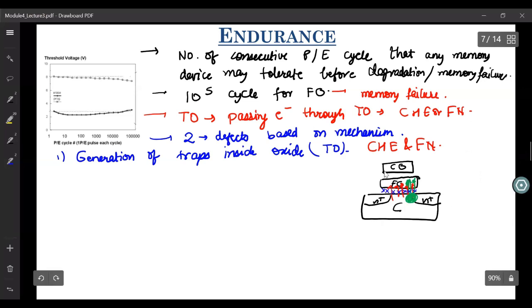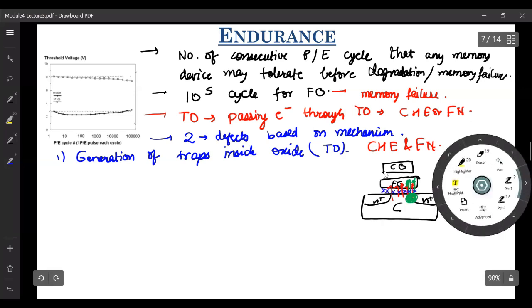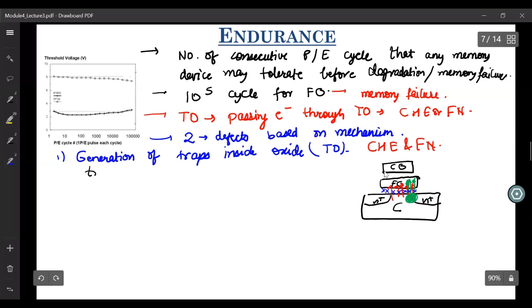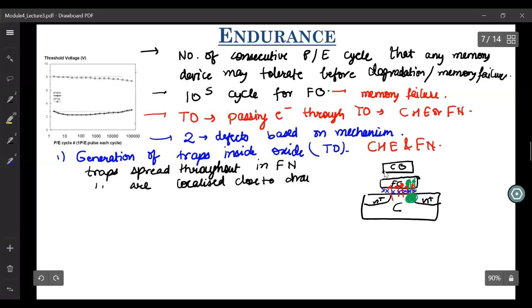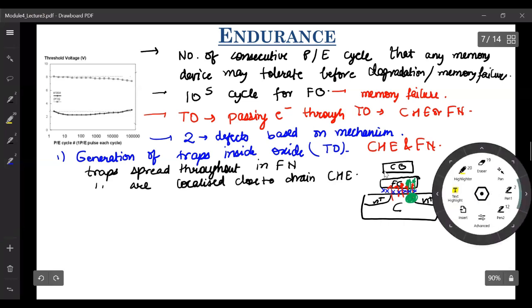These traps are spread throughout in the case of FN, and these traps are localized close to the drain region in case of CHE. Okay, so this is one mechanism.